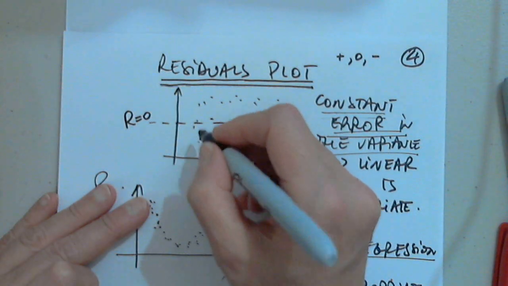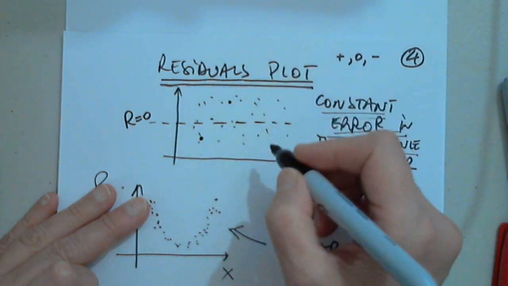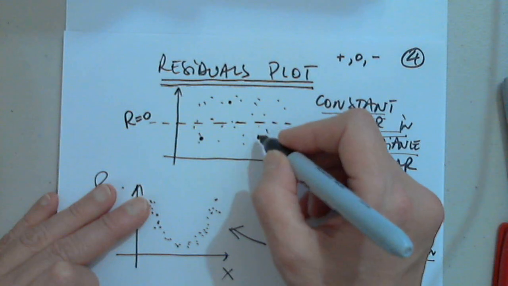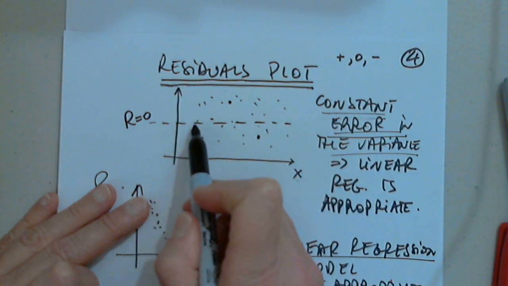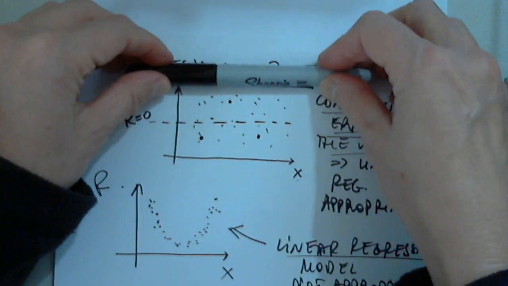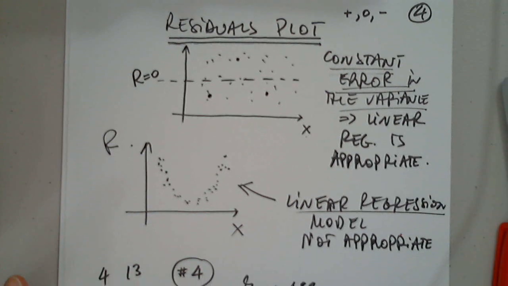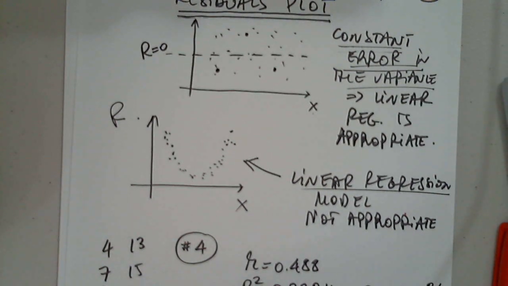So this point has a residual that is negative, this point has a residual that is positive, this one has a residual that is negative, and so on and so forth. So this is the line that shows which points have positive residual and which points have negative residual. Very good question. Is that okay? Yep, thanks. Thank you.